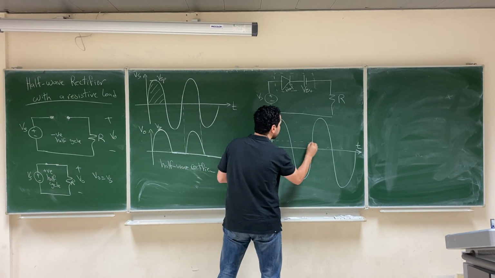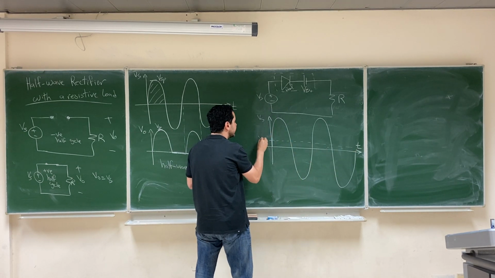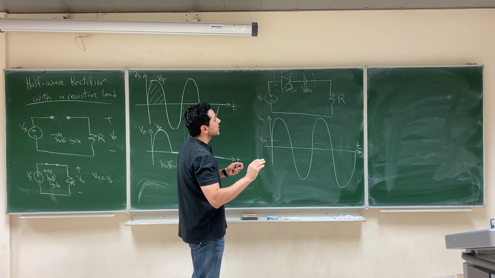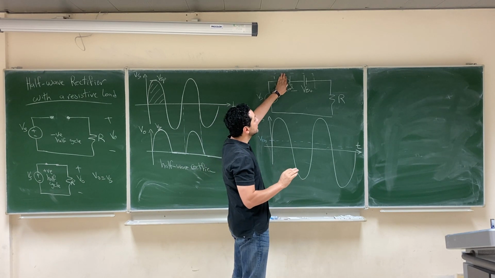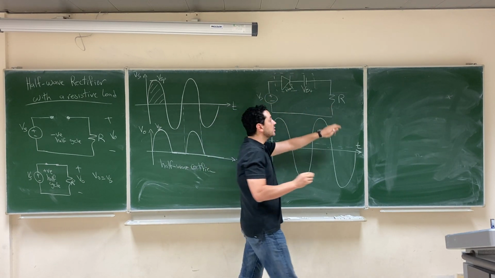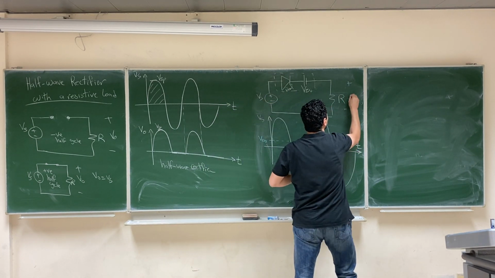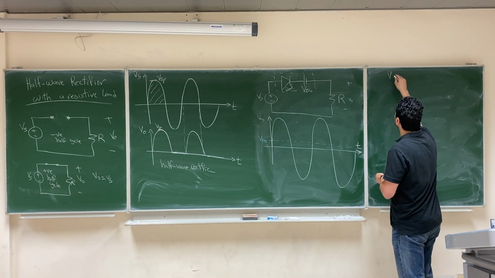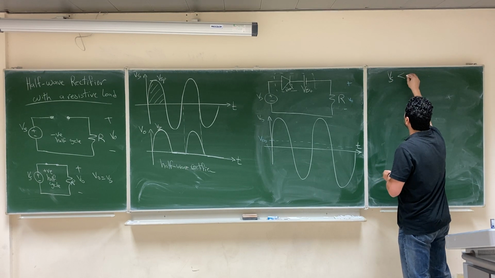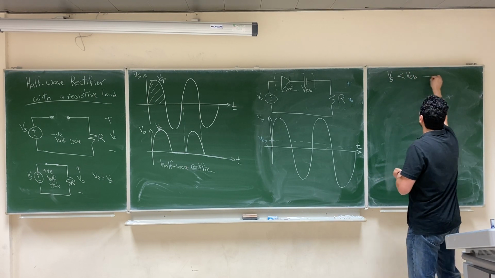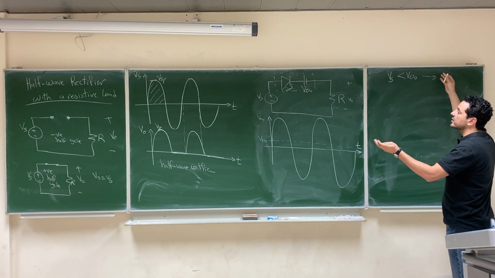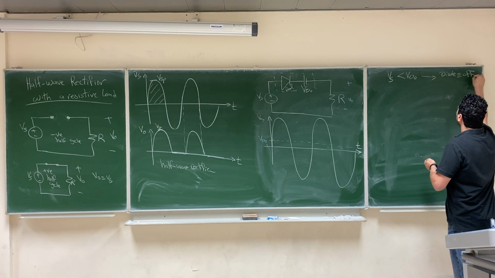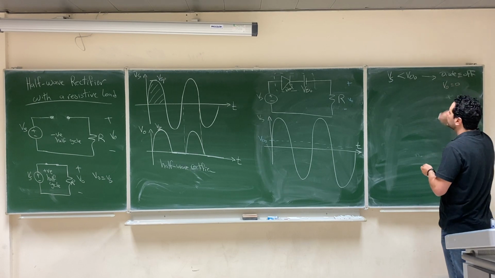So as long as Vs is below the value of VDO, then the diode will be off, and the output voltage will be 0. So as long as Vs is less than VDO, the diode will be off, and the output voltage will be 0, right?